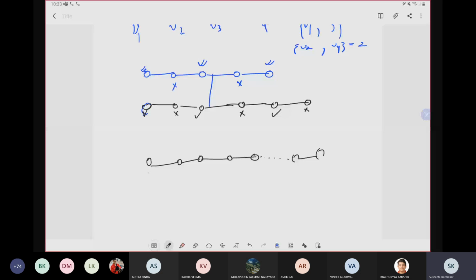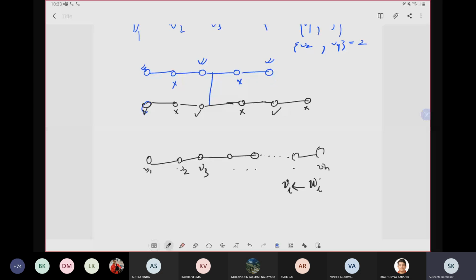What is wi? wi is some weight I assign, some non-negative number, a weight associated with each vertex. So now the problem is slightly different.